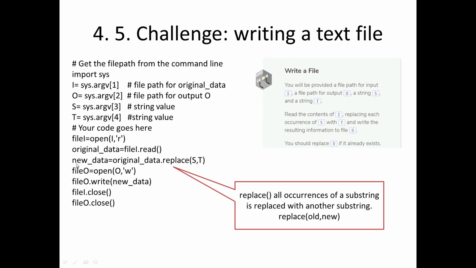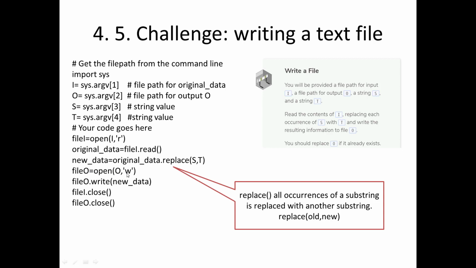Now we're going to create new content by replacing all occurrences of S with T. After replacing all occurrences of S with T, we complete the program by opening the output file in write mode.